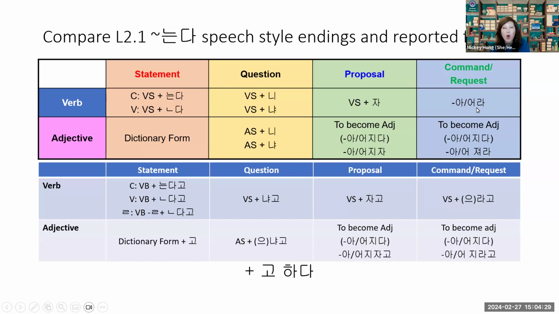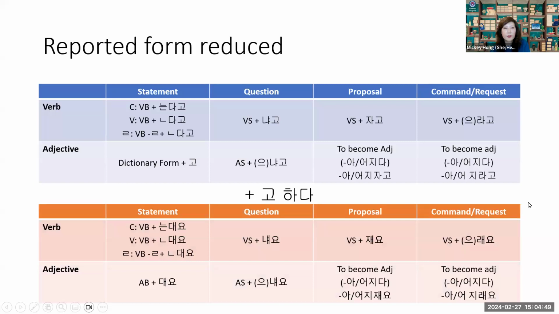And for the command and request, 으라고 해요. For adjectives, you can make the adjective into a verb by putting it into 아/어지다, to become. And when it's reduced, it's 대요, 냬요, 재요, 래요.